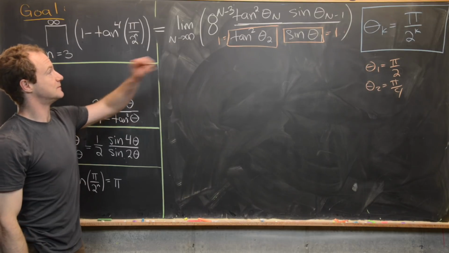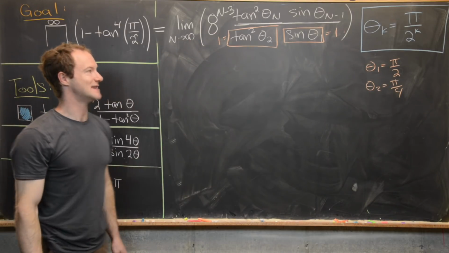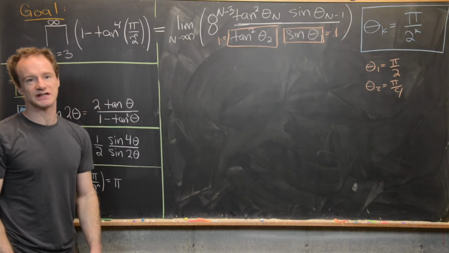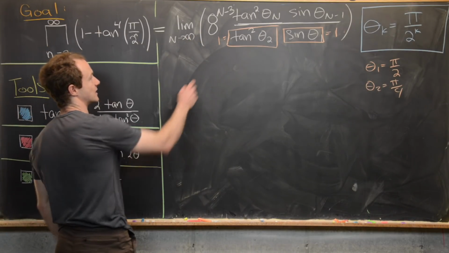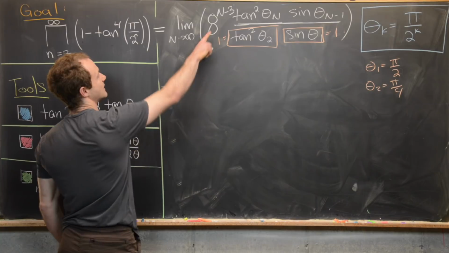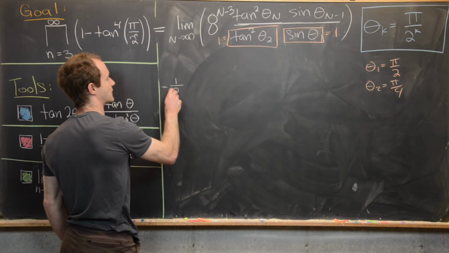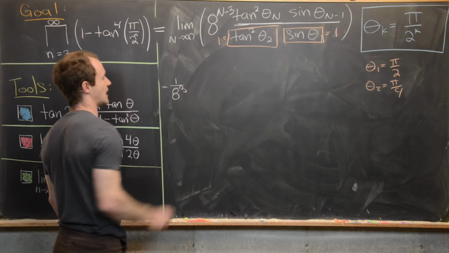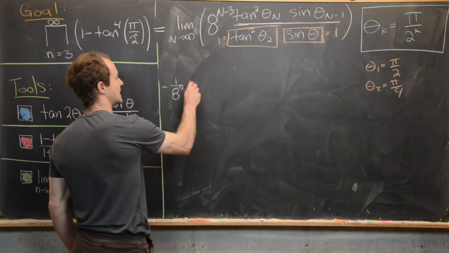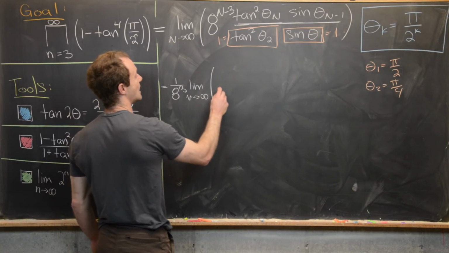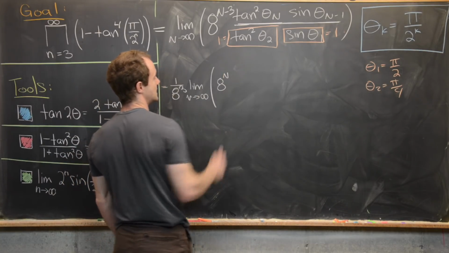Now what I want to do is rewrite this using my definition for theta k and by expanding the tangent into sine squared over cosine squared. So that's going to give me the following. And another thing that I want to do is bring a 1 over 8 cubed out front. So I've got 1 over 8 cubed out front of everything. Now I have this limit as capital N is going to infinity of 8 to the n.